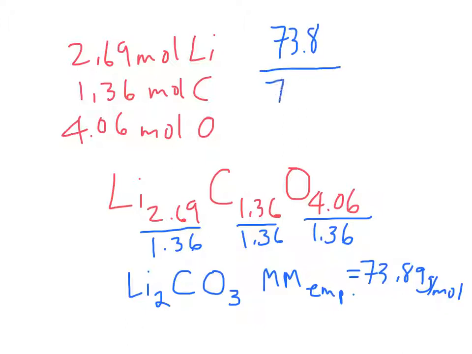We're dividing it by the molar mass of the empirical formula, and that gives us about 1 for the multiplier, which, remember, just means that the empirical formula here and the molecular formula are exactly the same. So the empirical formula is Li2CO3, which is lithium carbonate.